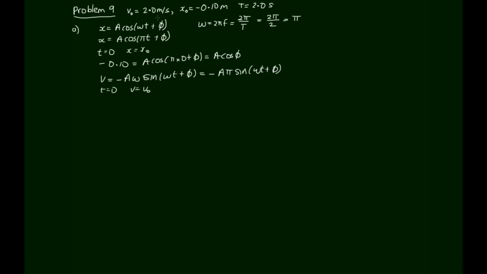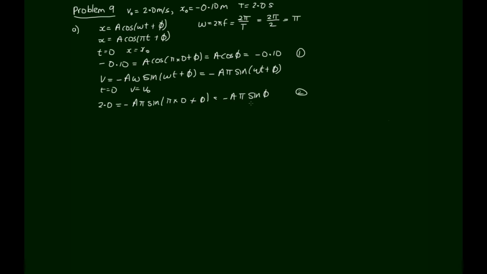So we've got v0 is 2.0, and this is equal to minus A pi sine(pi times 0 plus phi), and so that equals minus A pi sine phi. Okay, so let's call this equation for x equation 1, and let's call this one equation 2.